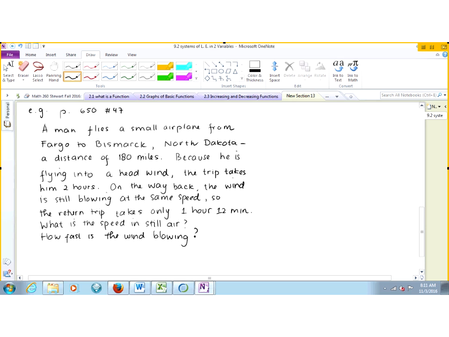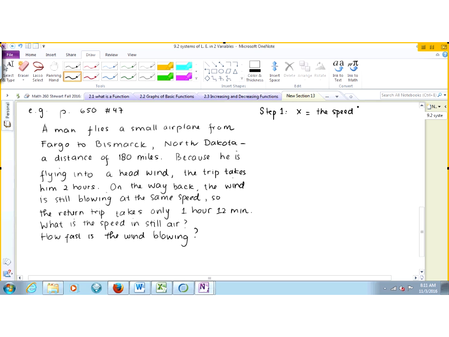So what would you do? So we don't know 2 things, which is what? What is the plane speed in still air? And also wind. So one should be one variable, the other one should be the other variable. So what do you want to use for the 2 variables? X, Y? Okay, good.